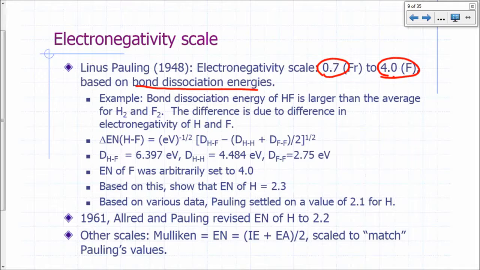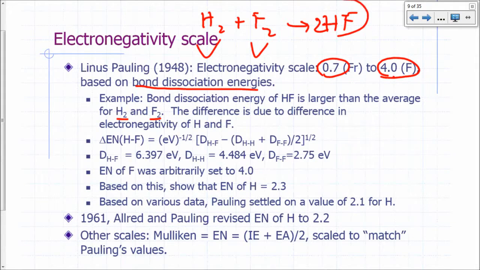Well, what Pauling found was that if we had a reaction between H2 plus F2, that gives you 2HF. That reaction is exothermic. What that means is the energy needed to break the H-H bond and the F-F bond, the average of the energy needed to break the H2 and the F2 bond, turns out to be less than the energy needed to break the two HF bonds.